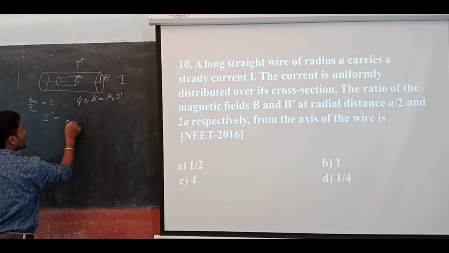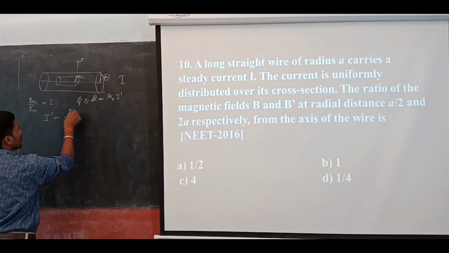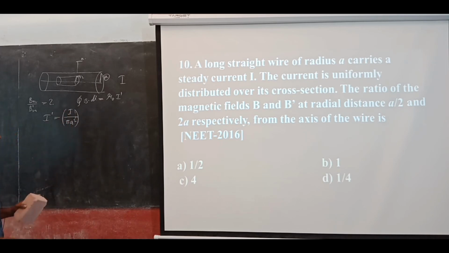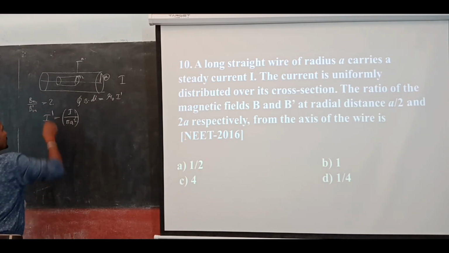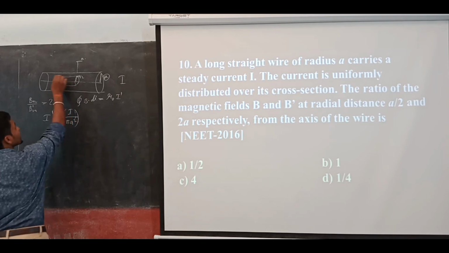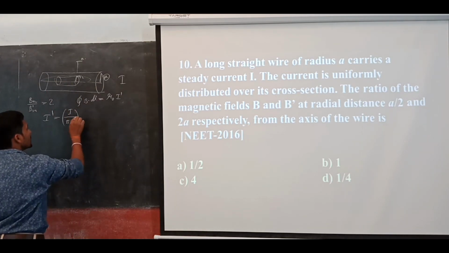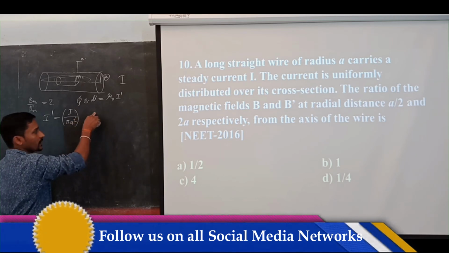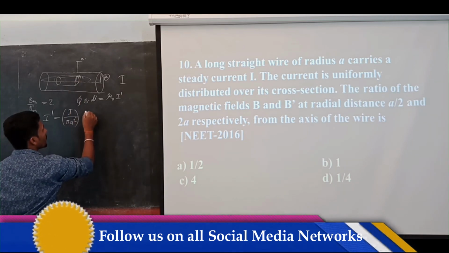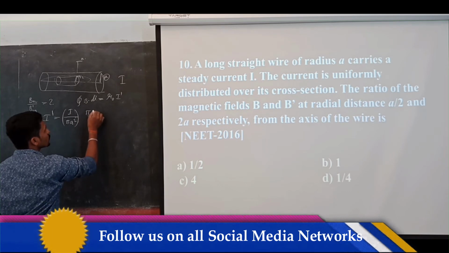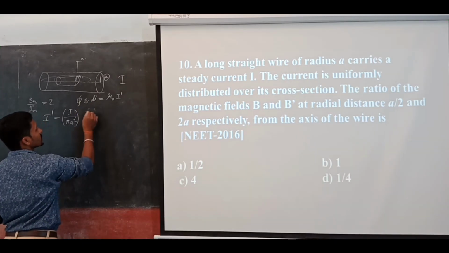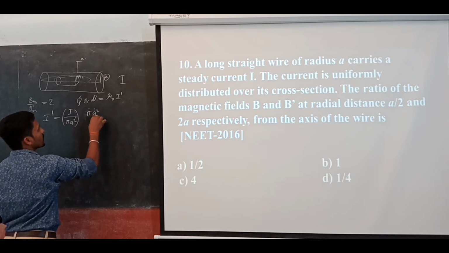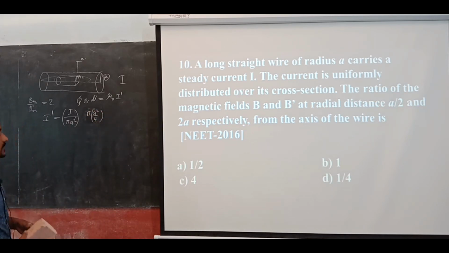See, pi a square has got this much current, that is I, so current per unit area is I divided by pi a square. Now I dash means for this area, how much is the current? That is current per unit area into the area. What is the area here? Pi into a by 2 whole square, that is pi a square by 4.